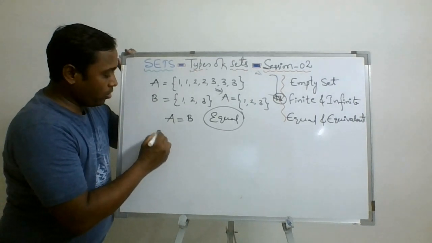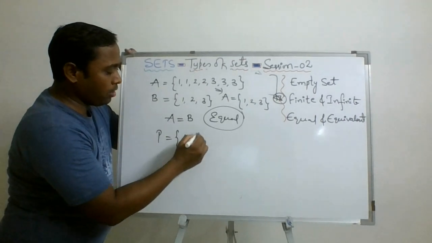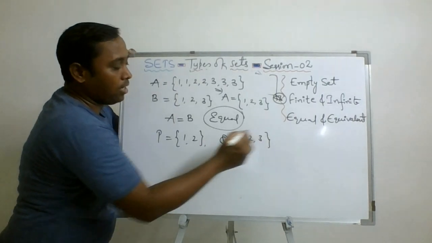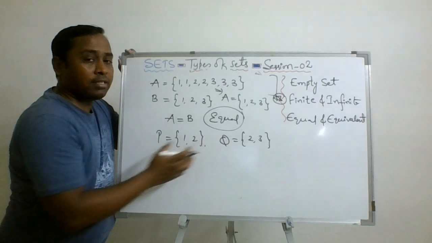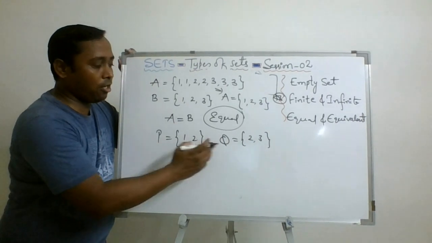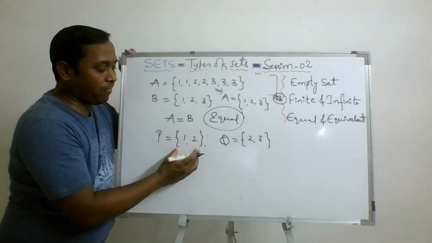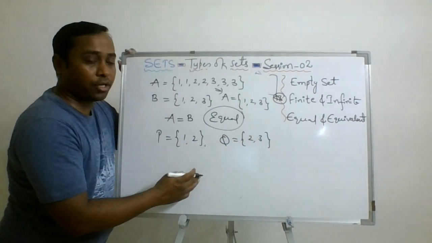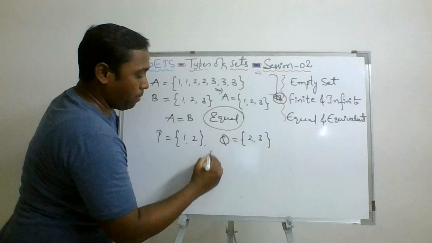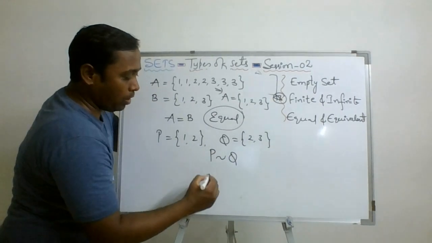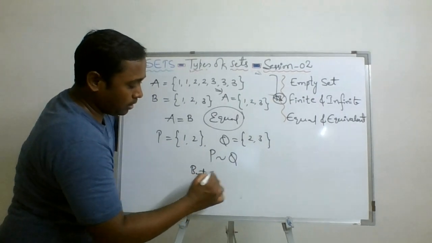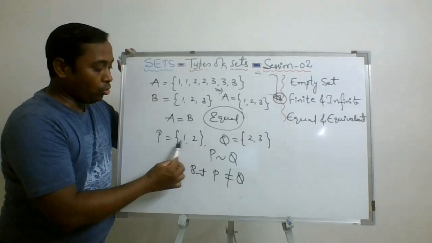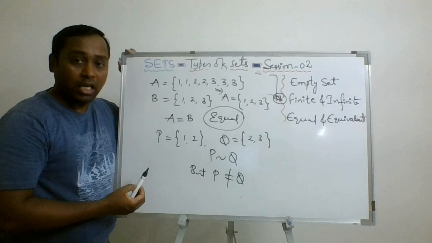Now, if I give you two sets, set P has 1, 2 and set Q has 2, 3. Counting-wise they are the same, meaning P is equivalent to Q because the number of elements in P and Q are the same. But P is not equal to Q. Though they are equivalent, they are not equal sets.